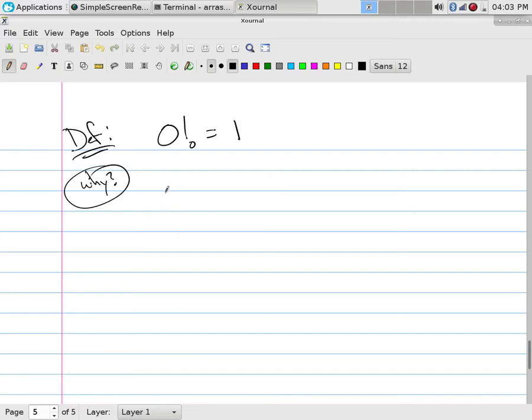Well, what if I had a problem that said, what is 5 choose 5? Which is going to be 5 factorial divided by 5 factorial, 0 factorial. Well, what I know is that 5 choose 5, where you have 5 kids and you need to choose 5 to go out and play, there's only one way to do that. It must be 1.